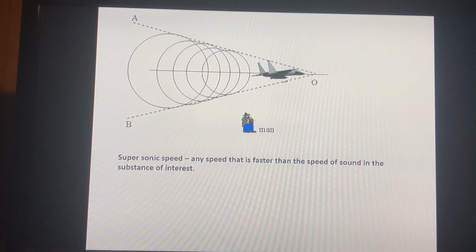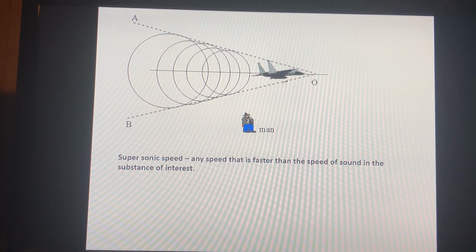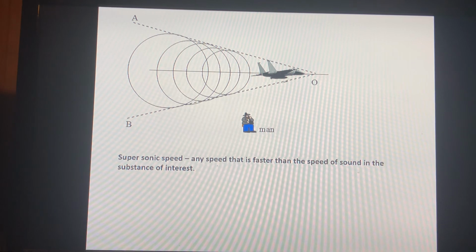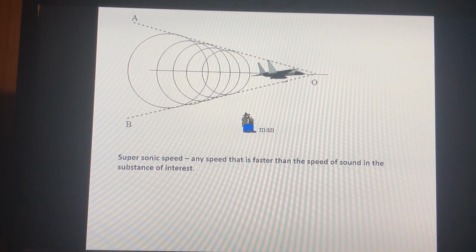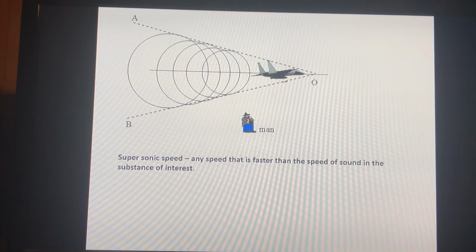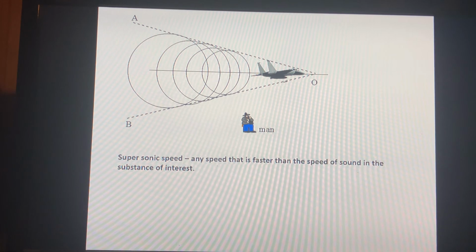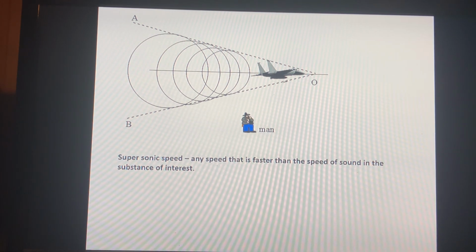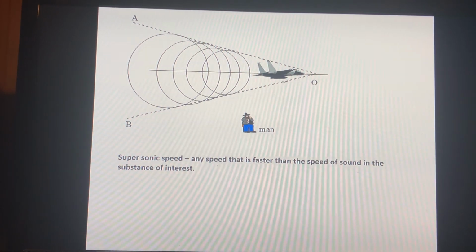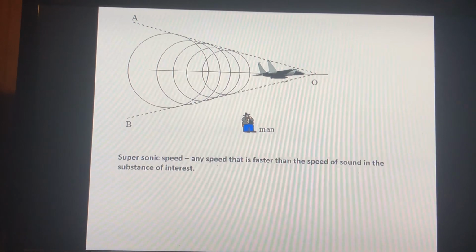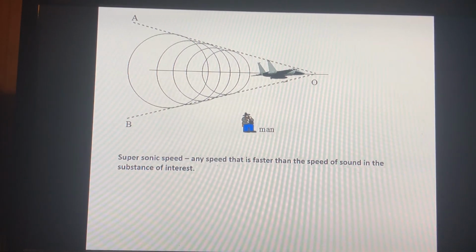So, for example, if you were able to build a supersonic jet boat, it would be passing through water. And so if you go faster than the speed of sound in water, which would be very difficult to do, then you would be going supersonic speed. Much easier to go faster than the speed of sound through air. And that is actually what we're able to do at this point in history. I don't think that there is a supersonic speedboat. I just made that up.